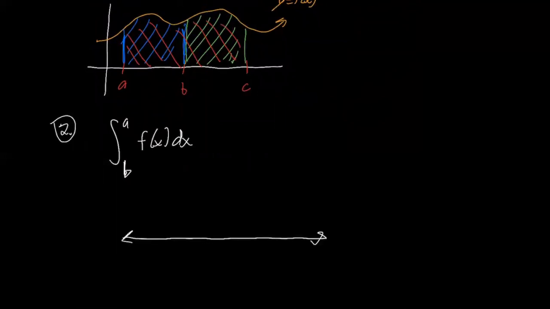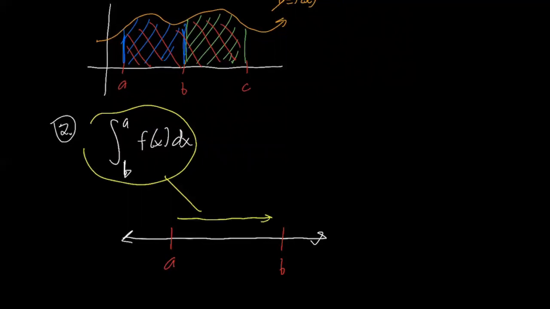If a and b are in the normal order, where a is less than b, then when we integrate from a to b, we're integrating this way, right? So our delta x each time is a positive number. If we think about the Riemann sum idea, then delta x, which we know is b minus a over n.